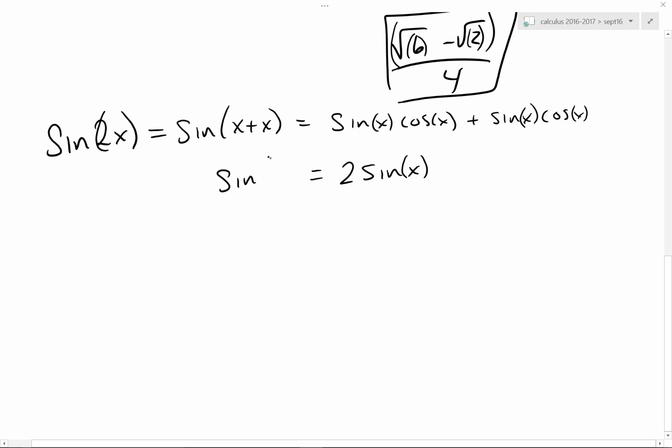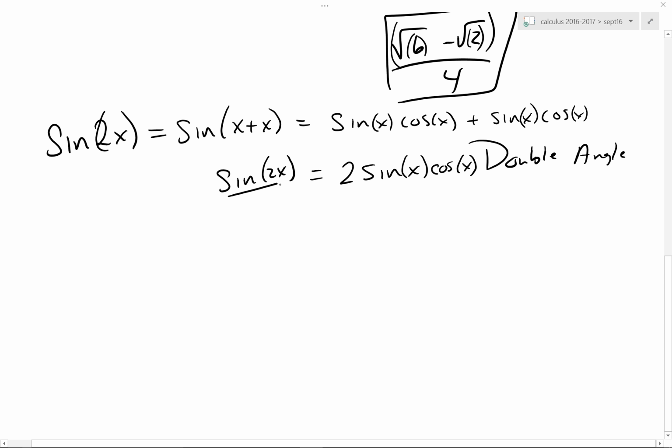This relationship is something that we use a lot in calculus, all kinds of time. It's called a double angle identity because you took x plus x, so it's twice of what it was. Oops, and I didn't finish writing it. There we go. Sorry about that. So it's 2 sine x cosine x.